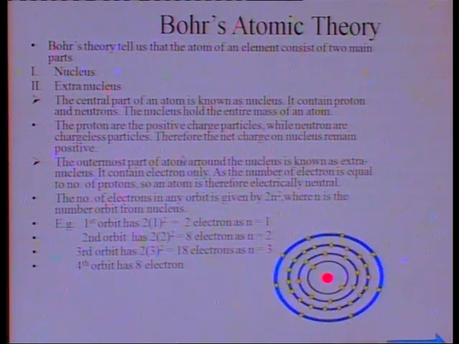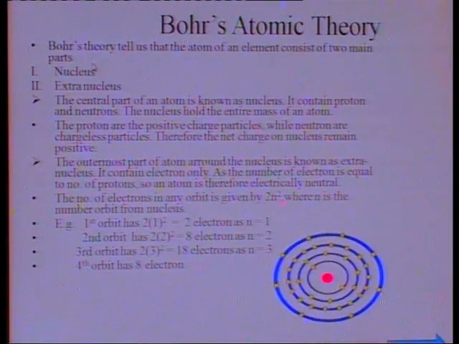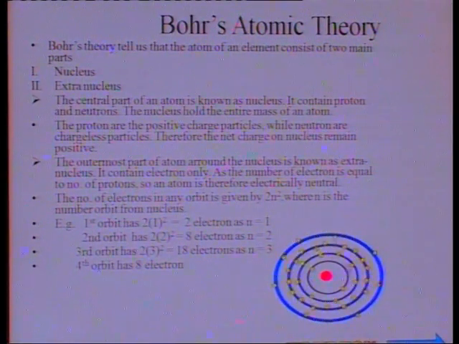Next is the Bohr's atomic theory. The Bohr's theory tell us that the atom of element consists of 2 main parts. First is nucleus, second is extranucleus. You can see in this diagram, this is the atomic structure of one material named as krypton.